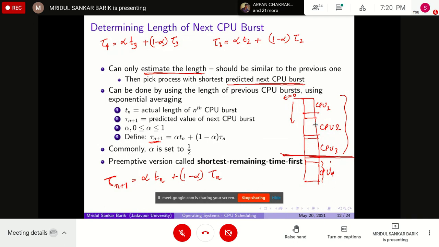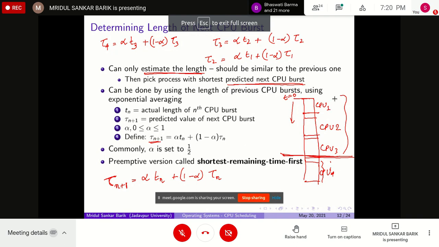Tau 2 was the predicted length of the second CPU burst, and this was a prediction, but the actual was T2. Similarly, tau 2 would be alpha times T1 plus 1 minus alpha times tau 1. Tau 1 was the predicted length of the first CPU burst, and T1 is the actual length of the first CPU burst.